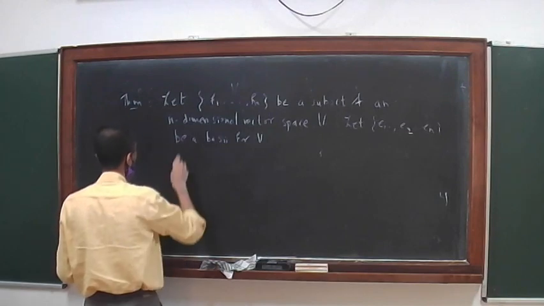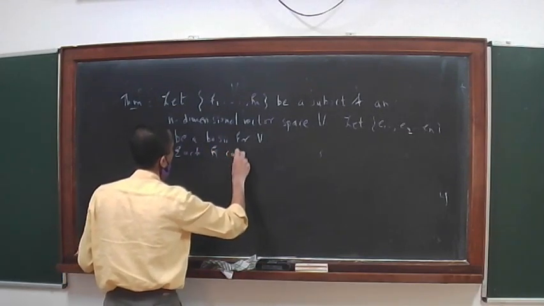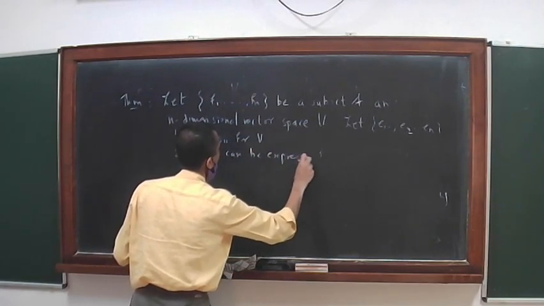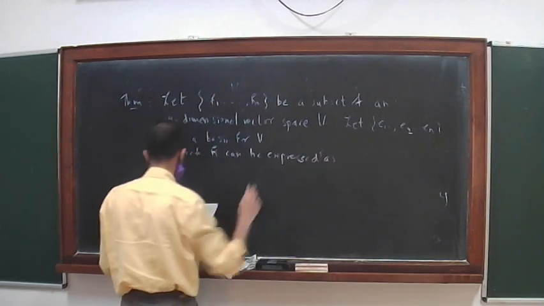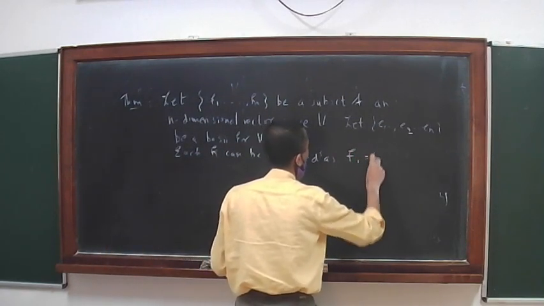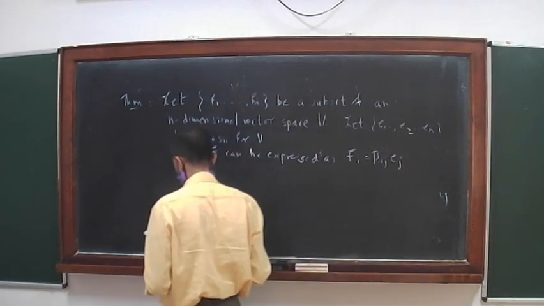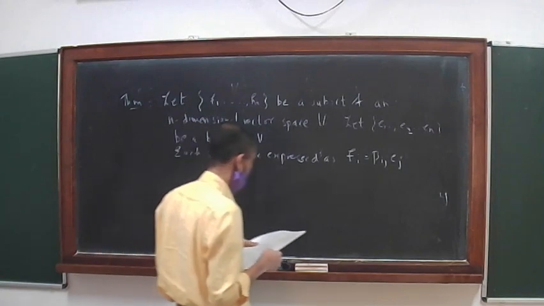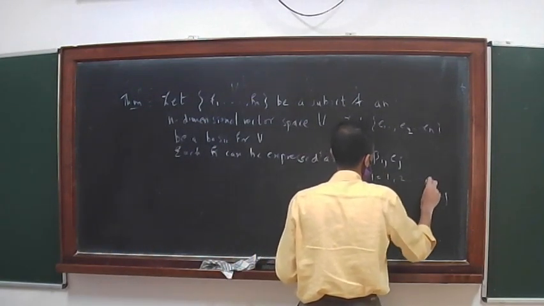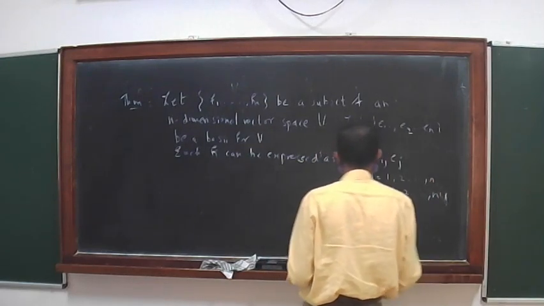So each Fi can be expressed as Fi is equal to the sum of beta ij Ej. That's how we can express this, with i running from 1 to n, and j also running from 1 to n.